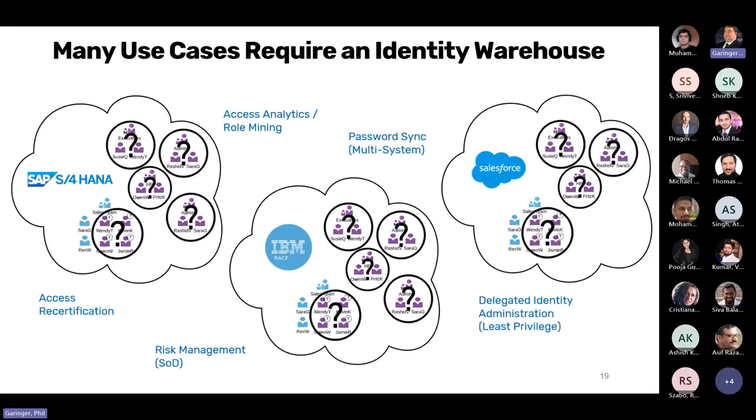What do they have in Active Directory? What do they have in Snow? What do they have in my HR system, right? So that's why the identity warehouse is a concept that we embrace and that we lead with, because we have a wide scope of view on all the various aspects of your identities.